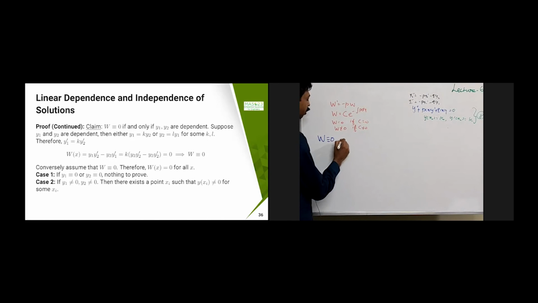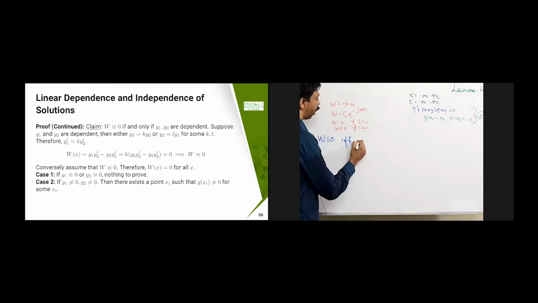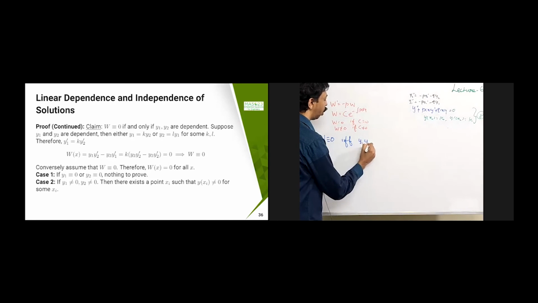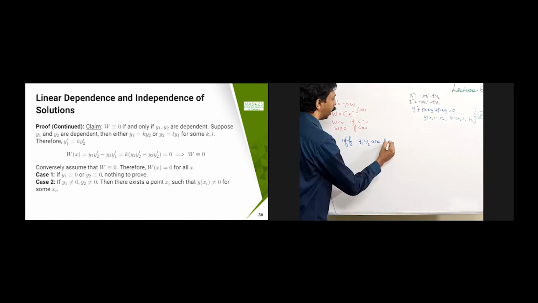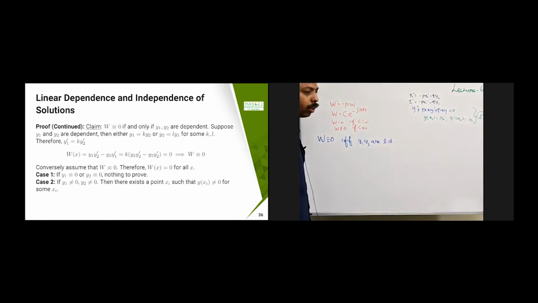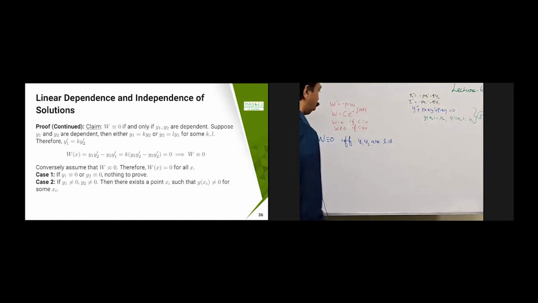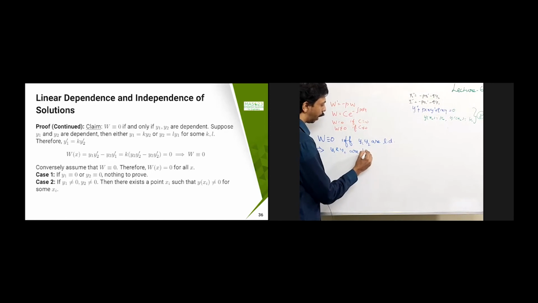W is identically 0 if and only if y1, y2 are linearly dependent. First part: suppose y1 and y2 are linearly dependent.